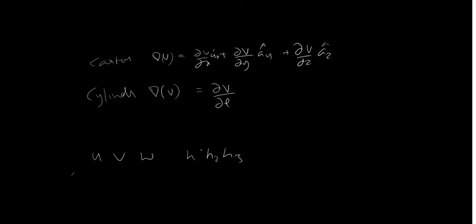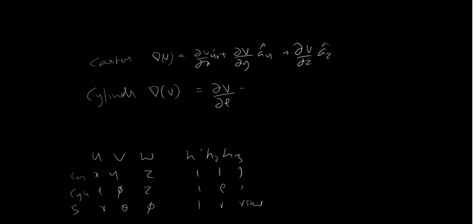In Cartesian it is x, y, z and 1, 1, 1. In cylindrical, you have rho, phi, z and this is 1, rho, 1. And in spherical, you have r, theta, and phi, and this is 1, r, r sin theta.